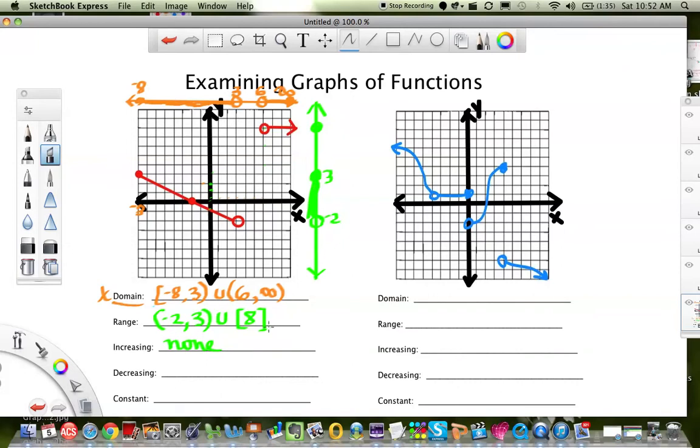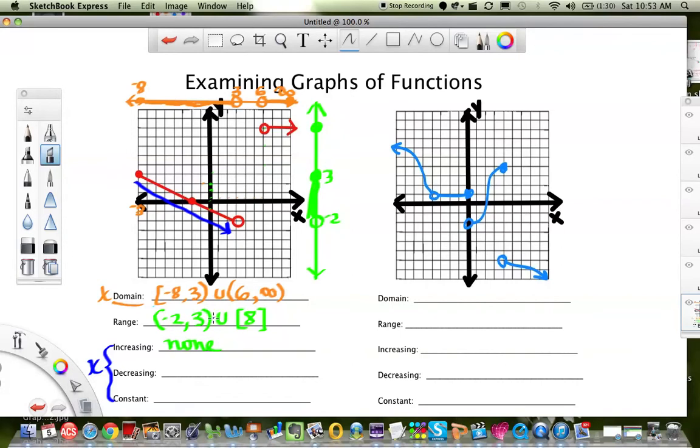If I look at where it's decreasing, I can see that it's decreasing along here. The slope is decreasing. And when I'm describing increasing, decreasing, and constant, I always do that in relation to my x-axis.